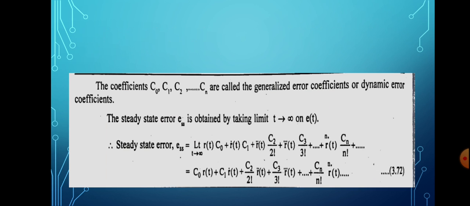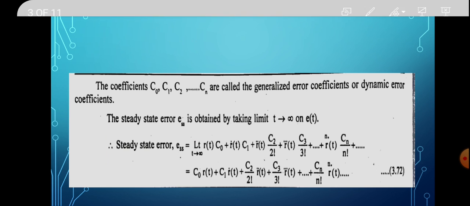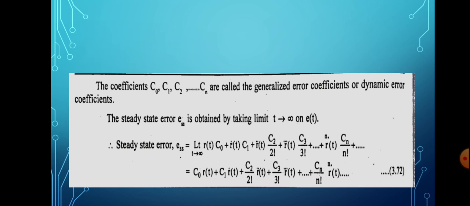So, the steady state error will have the form ESS equals limit t tends to infinity of R of t into C0 plus R dash of t into C1 plus R double dash of t into C2 by 2 factorial plus R triple dash of t into C3 by 3 factorial plus etc. This is the equation for steady state error, obtained by applying the limit t tends to infinity to E of t. Here C0, C1, C2 etc. are the dynamic error coefficients, also called generalized error coefficients.